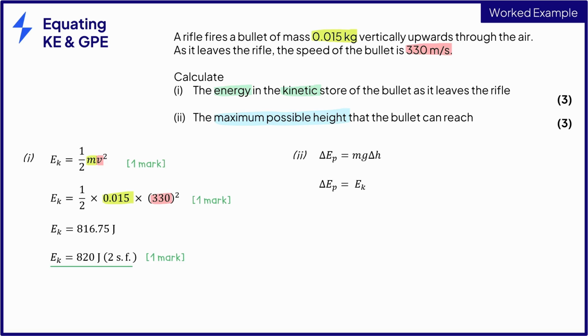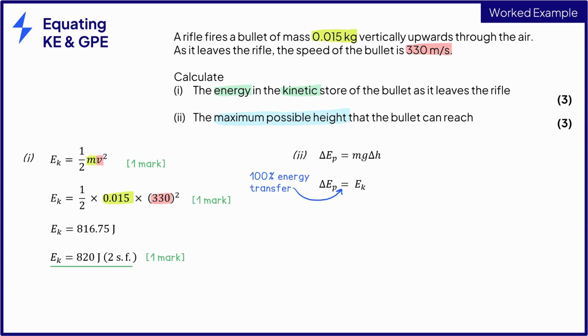That means that all the energy from the kinetic store of the bullet will be transferred to the gravitational potential store as the bullet travels vertically upwards. Recognizing this is important because it gives us the missing variable needed to solve the equation.